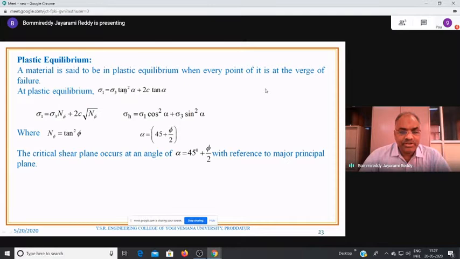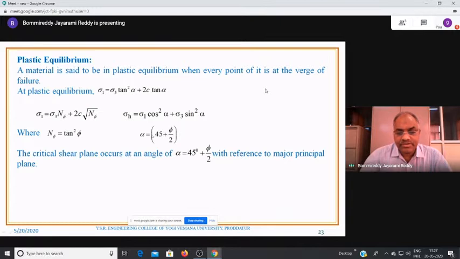Sometimes we can also write tan square alpha as N phi. We can put the parameter N phi equal to tan square of 45 plus phi by 2, so that you can write sigma 1 is sigma 3 N phi plus 2c root of N phi. In this, alpha is the angle of the failure plane, which is equal to 45 plus phi by 2, where phi is the angle of internal friction.